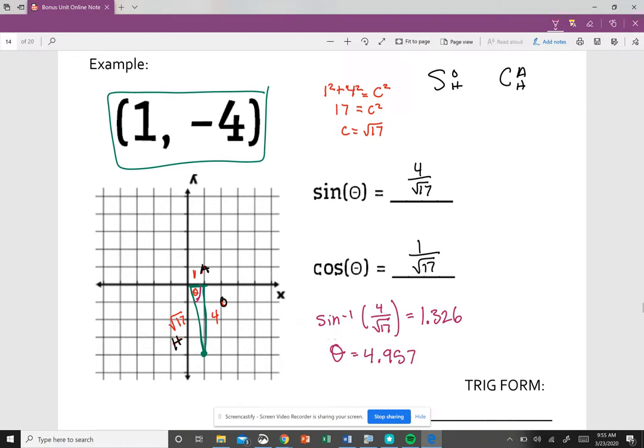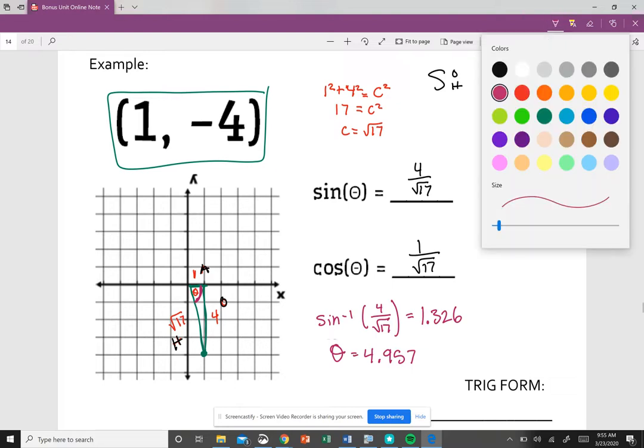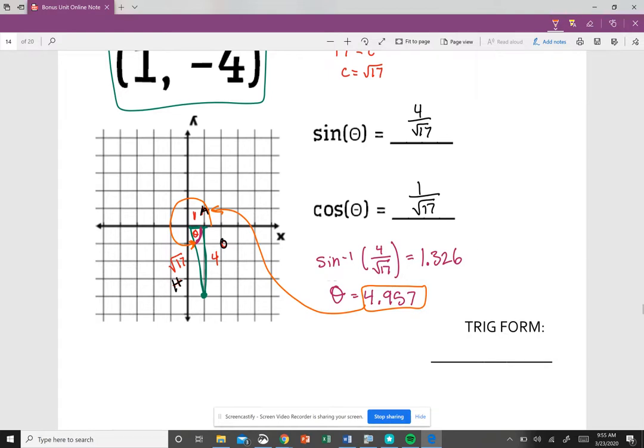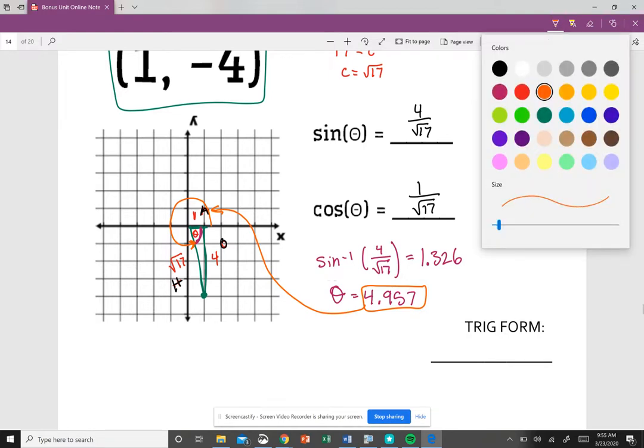Now I had to do all that extra work because this is not this angle, because I want to know this angle here. So this is that angle.